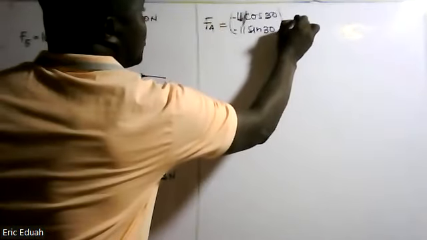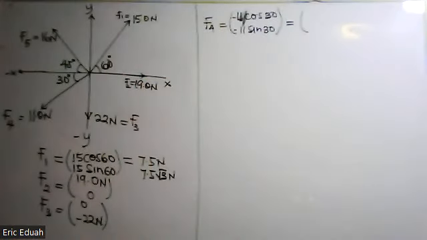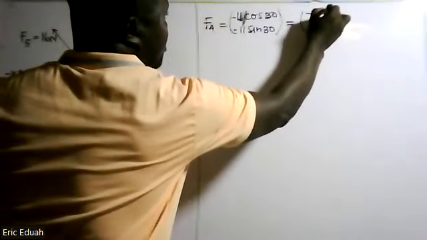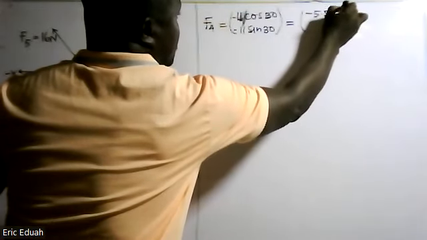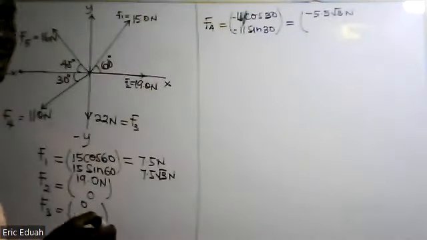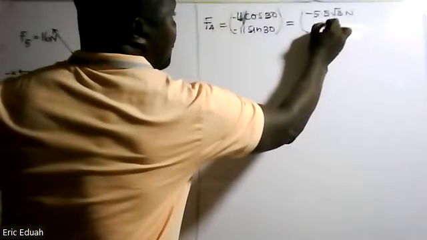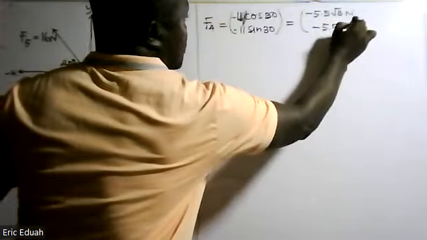Okay, let's evaluate it. Cos 30 is root 3 on 2. So minus 5.5 root 3 Newton. Sine 30 is half. So minus 5.5 Newton.